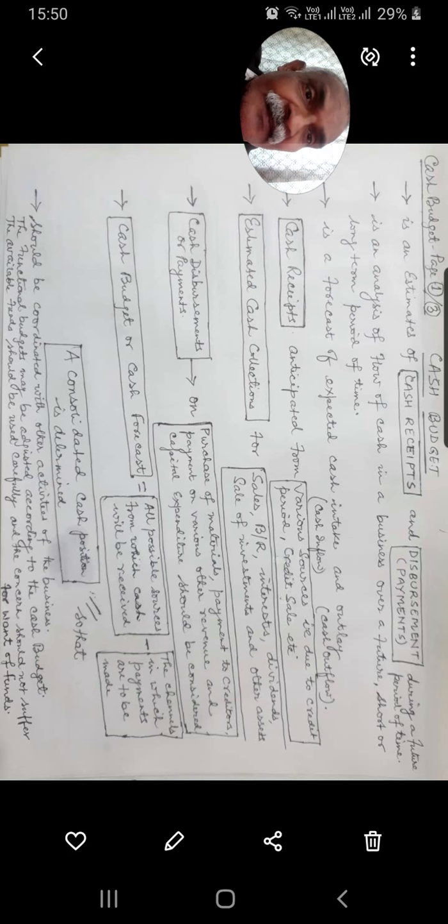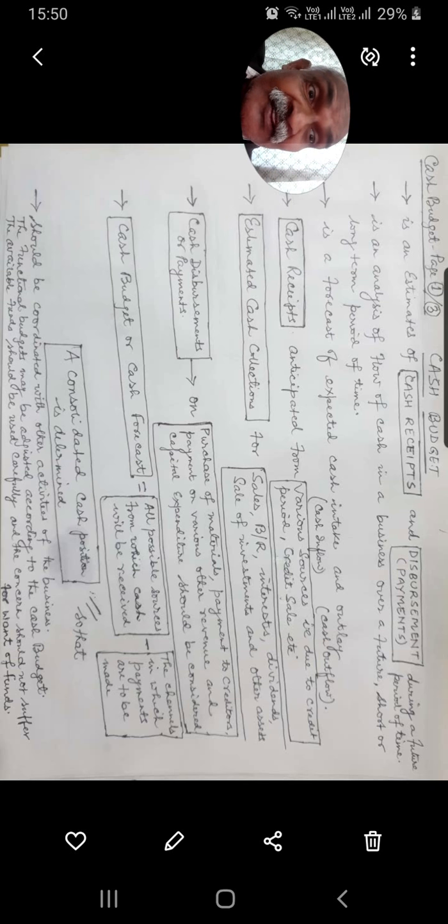Is that clear? So cash budget should be coordinated with other activities of the business. The functional budgets may be adjusted according to the cash budget. Functional budget means purchase budget, sales budget.